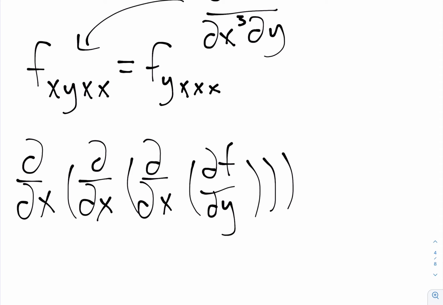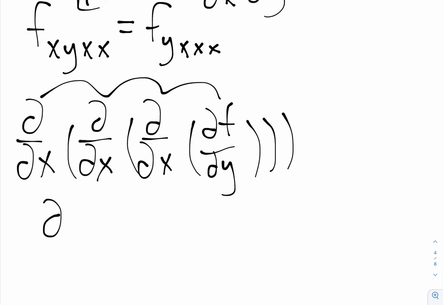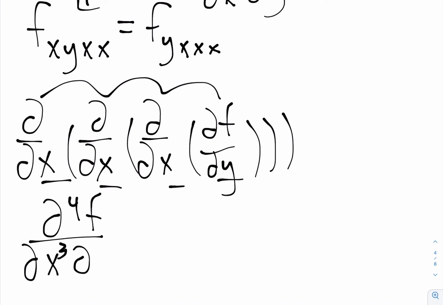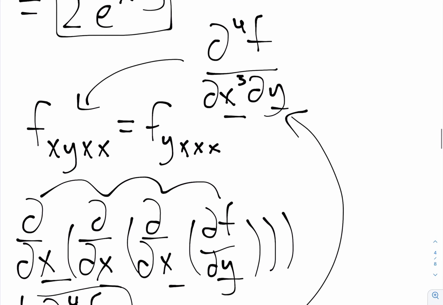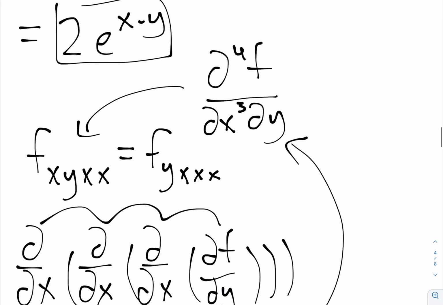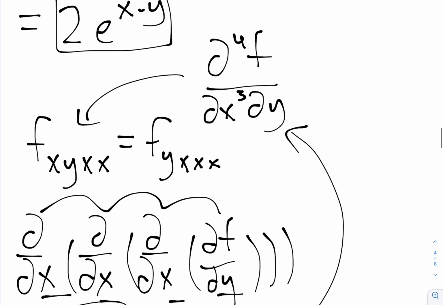If you do the same algebraic method, there are 4 d's on the top with an f attached, so it's d to the 4th f. And then there's 1, 2, 3 x's and 1 y on the bottom. So it's going to be partial x cubed, partial y. And you'll see this is the same thing that we got up here. So the 3 x's and 1 y, when you expand that out, it's going to be the same thing. And that's just Clairaut's theorem. It's also called Young's theorem sometimes too. It's the same idea.